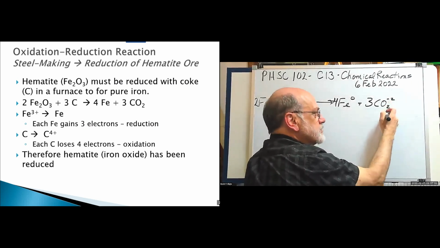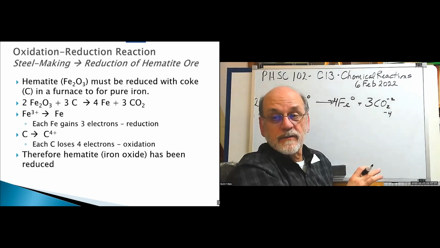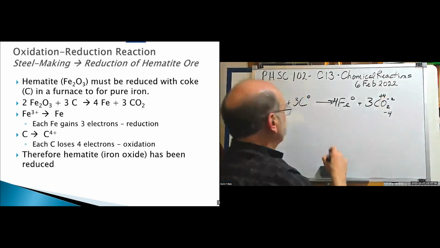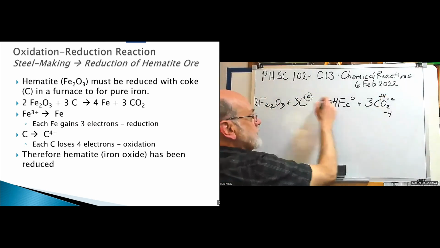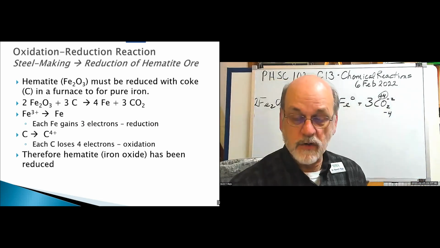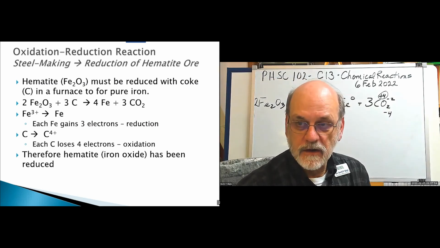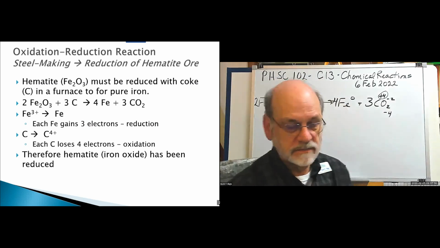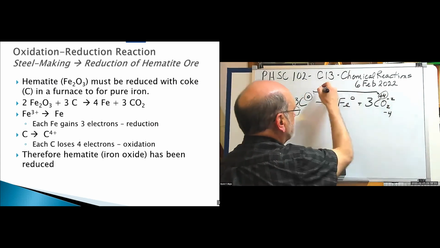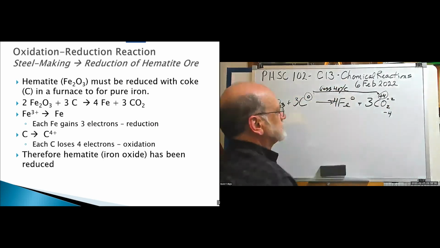So 2 times -2 is -4. So that means in order to balance the oxidation states, carbon must be a +4 oxidation state. Okay, so it's gone from 0 to +4. How do you do that? If you go from 0 to +4, you've lost 4 electrons for each carbon atom. Right? Lost 4 electrons per carbon.